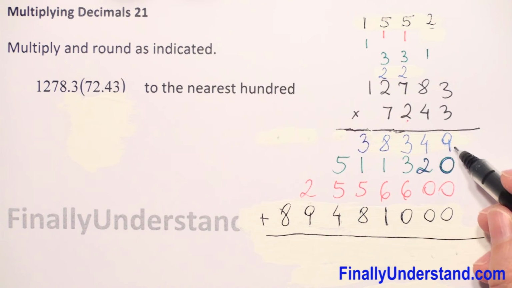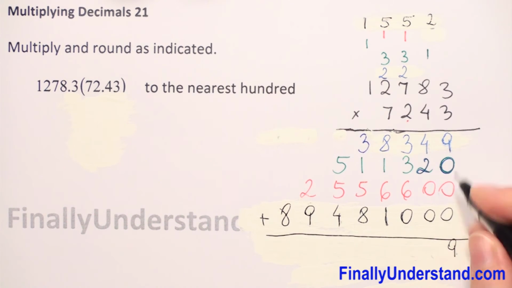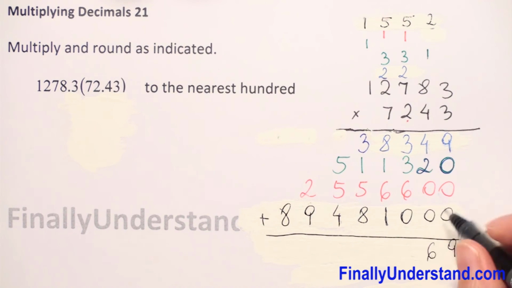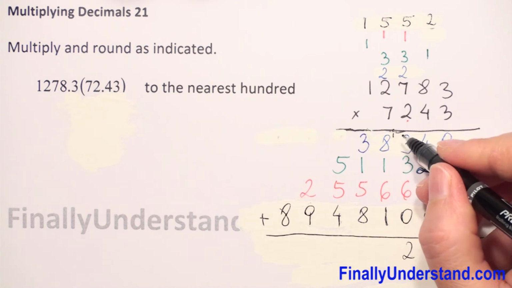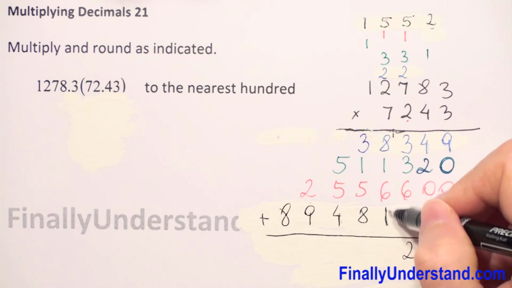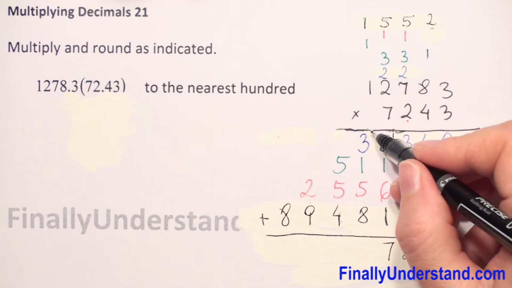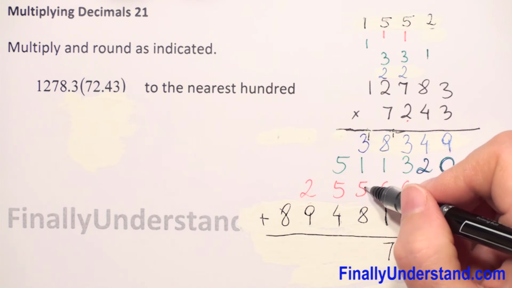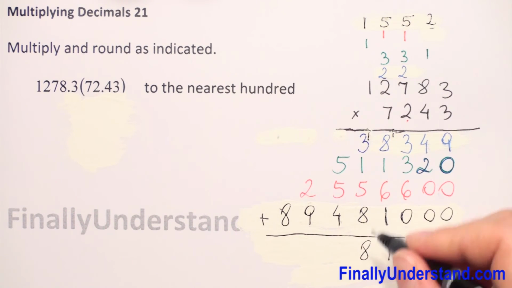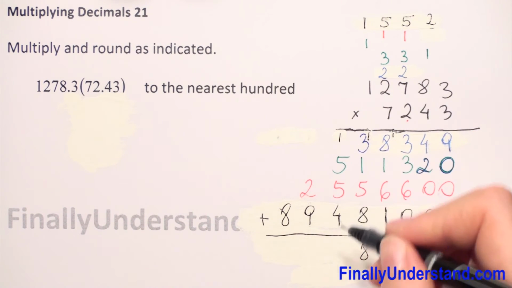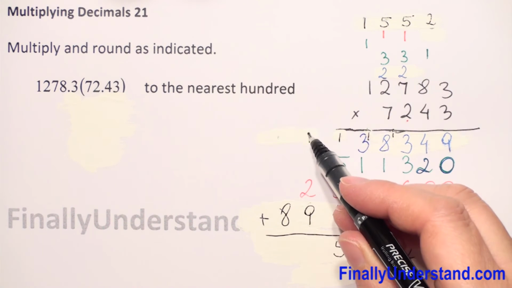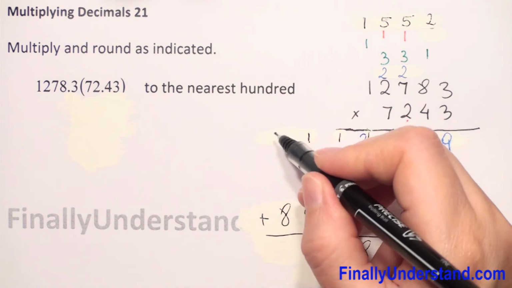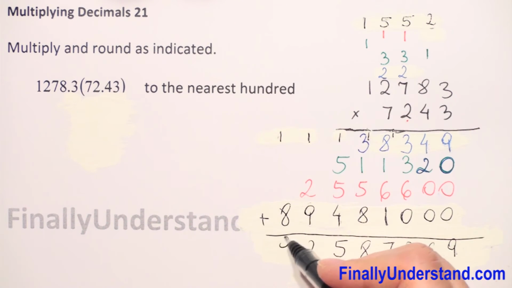We start from the last column. 9 plus 0 is 9. 4 plus 2 is 6. 3, so it will be 6, and 6, so it will be 12, 2, and 1 we add to next column, so it will be 17, 7, and 1 we add to next column, so this is 10, 18, 8, and 1 we add to next column, so it will be 15, 5, and 1 we add to next column, so it will be 12, and 1 we add to next column, so this is 9.